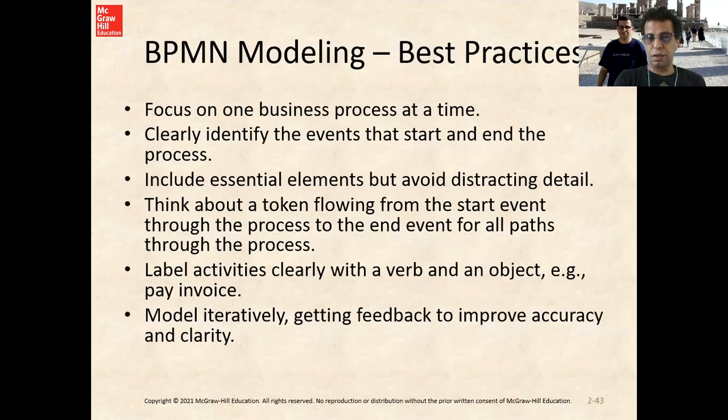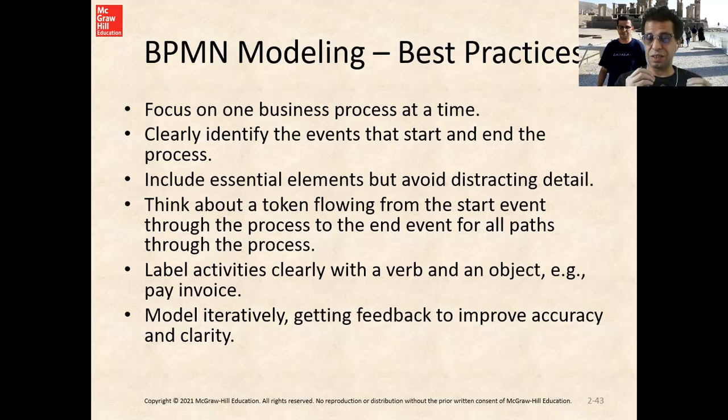Best practices for BPM modeling. You need to focus on one business process at a time, each business process separately. Clearly identify the events that start and end the process. Include essential elements but avoid distracting details. Think about tokens.